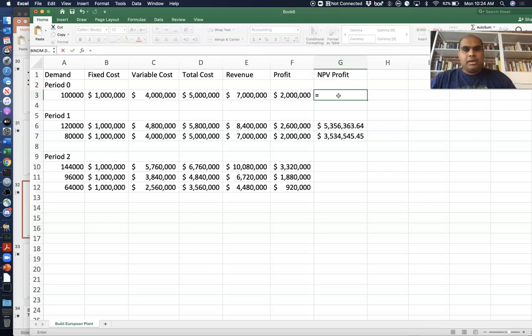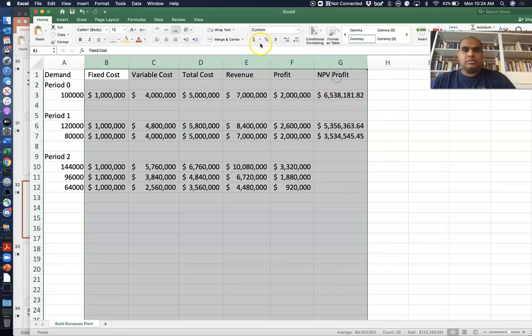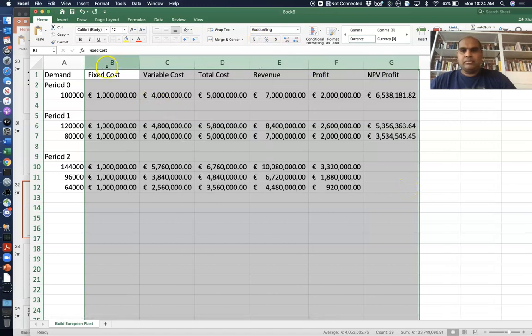So this will be the current profit plus, divided by 1.1 again, future profits. Again, there's an 80% chance of demand going up and a 20% chance of demand going down. And there you go. 6 million. Actually, I guess I should make all of these euros and not dollars, just to be consistent. There you go.